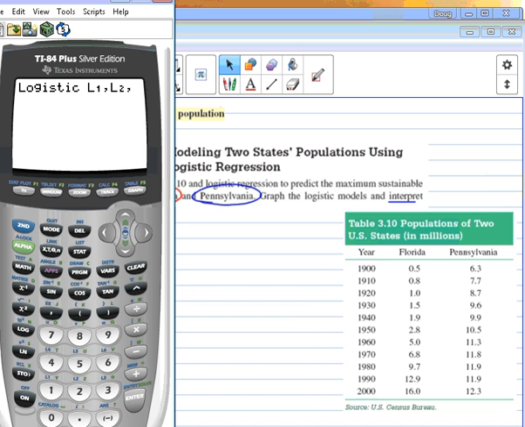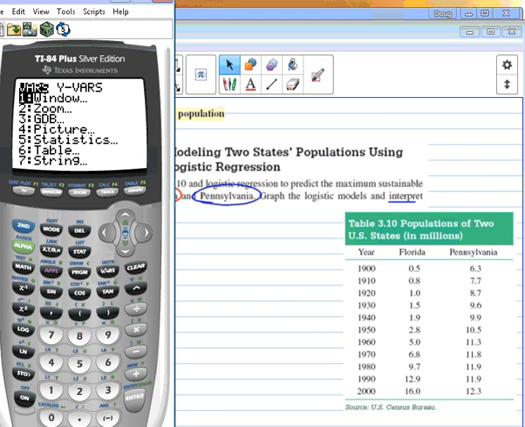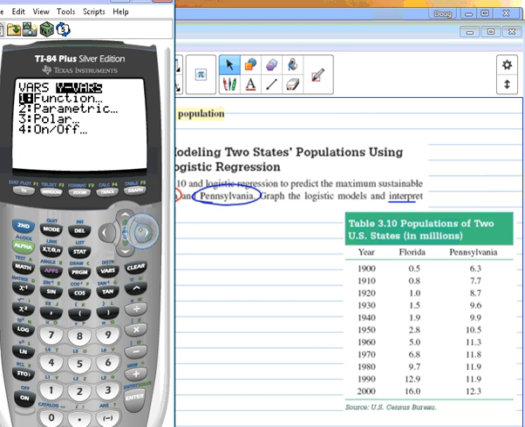I'm going to hit this variables button, and I'm going to arrow over to Y variables. I'm going to choose function, and I want to put this regression equation in the Y sub 1 location. So I'm just going to hit enter. And there I have told it to do logistic regression, list 1 versus list 2, and store it in the Y sub 1 location.